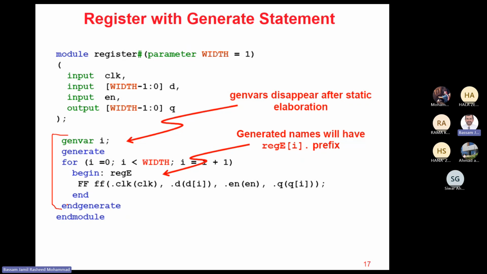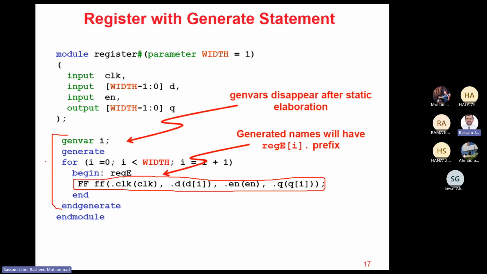For beginners, I would not advise using them because sometimes they exhibit certain funny behaviors, and it throws you into cycles of debug. But anyway, suppose I want to repeat this statement to instantiate many of these flip-flops.